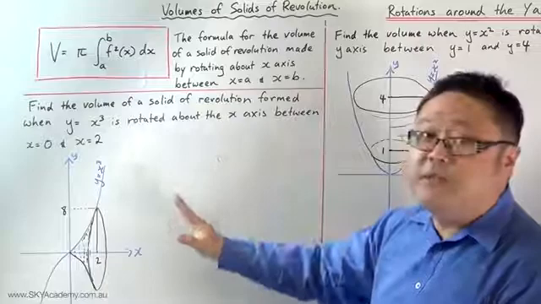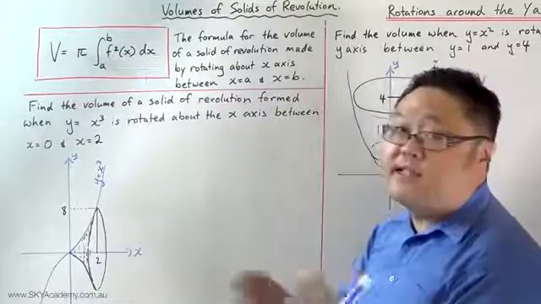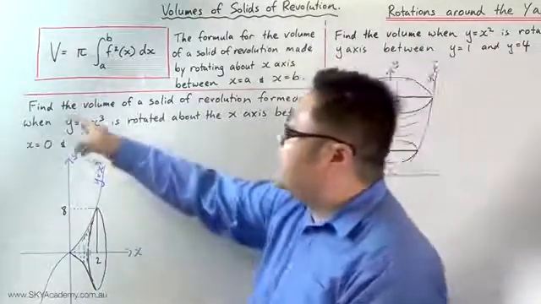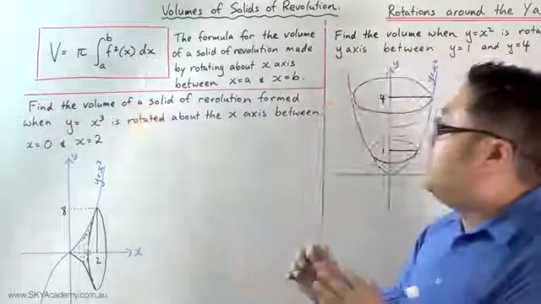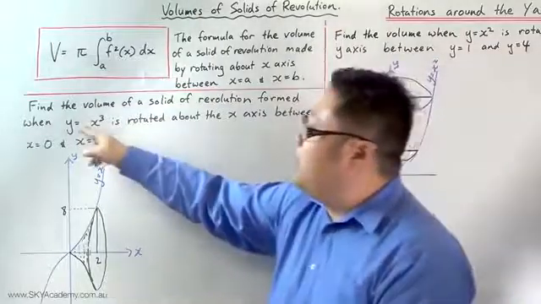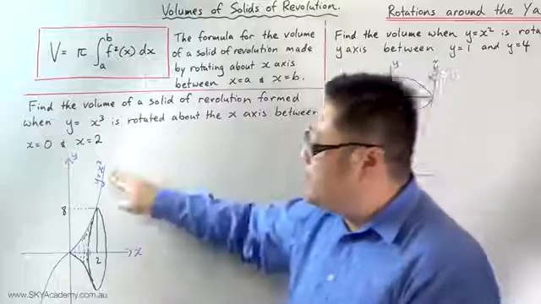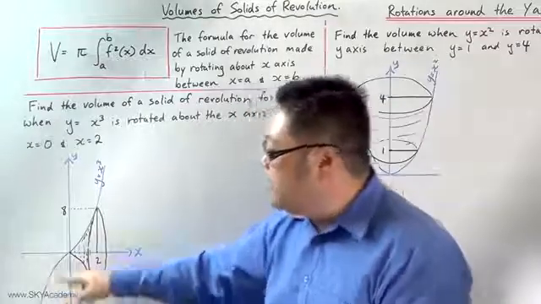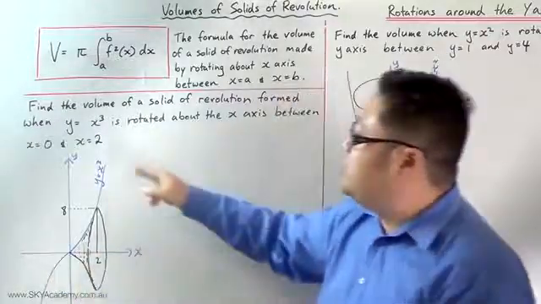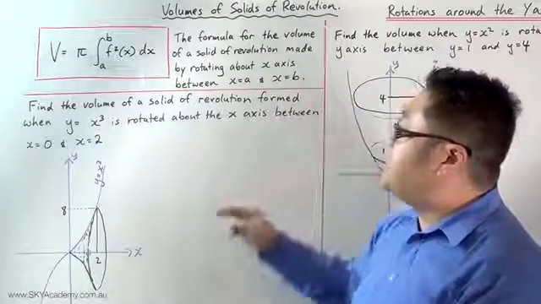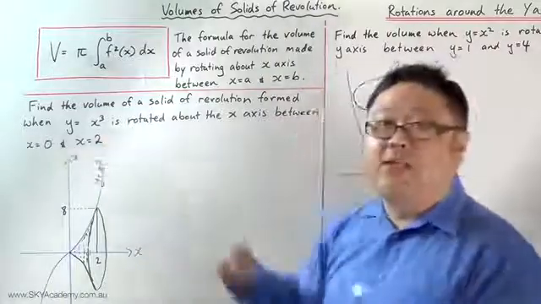So let's have a look at a specific example. If we launch into a specific example, it might make things a little bit clearer. Find the volume of a solid of revolution formed when y is equal to x cubed is rotated about the x-axis between 0 and 2.